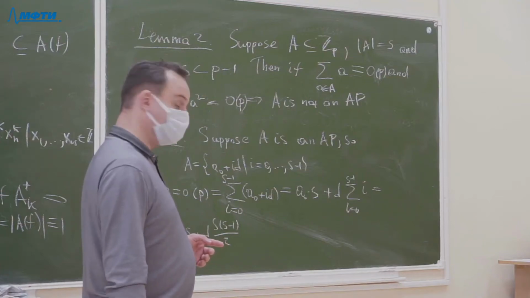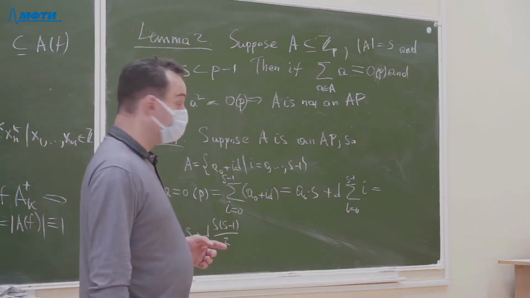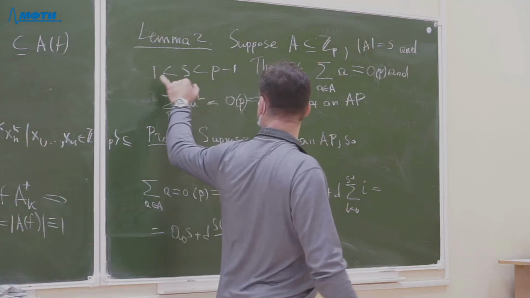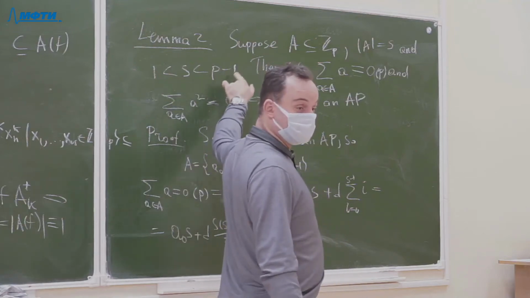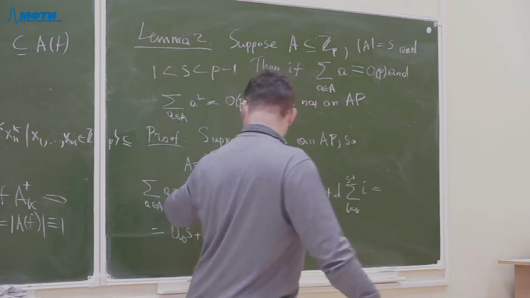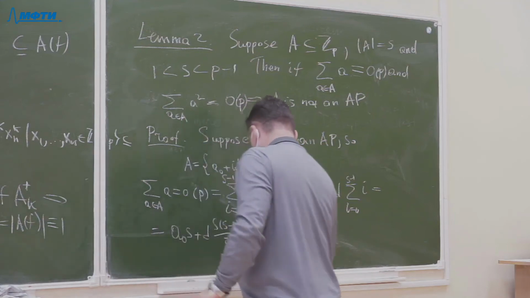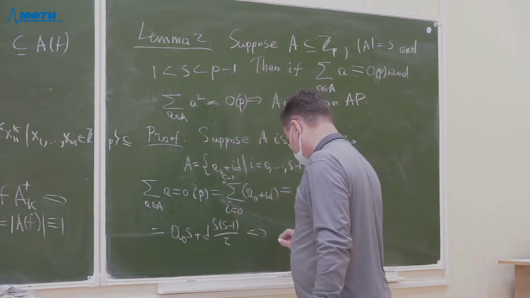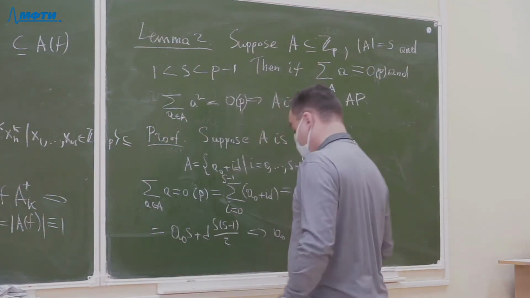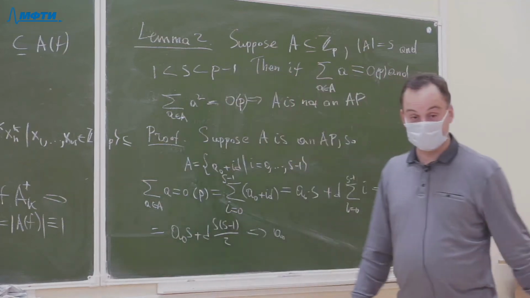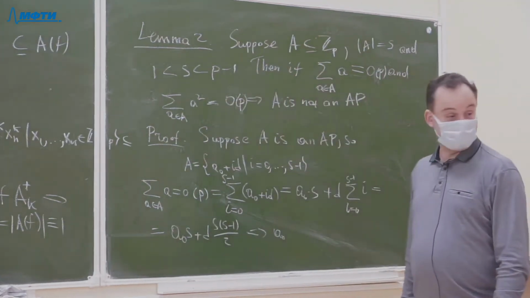So S is not 0 modulo P. So we can state that we can cancel this S, right?